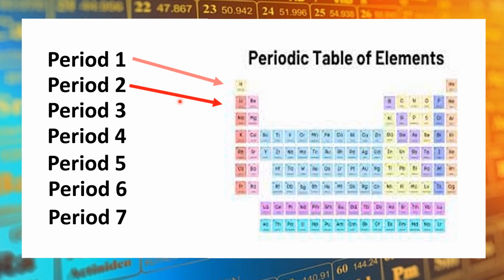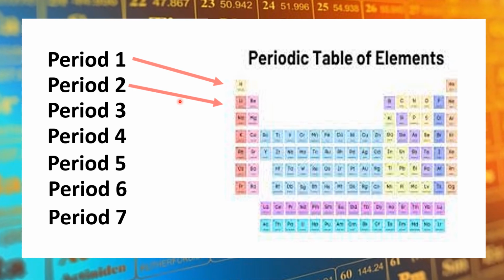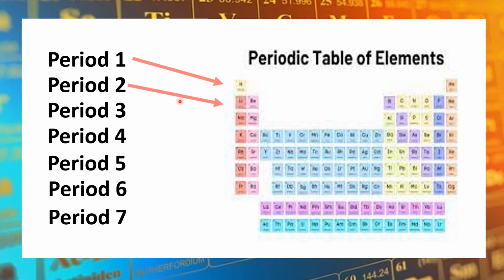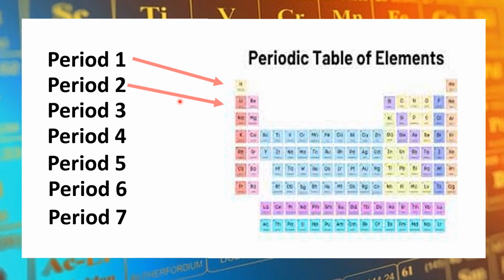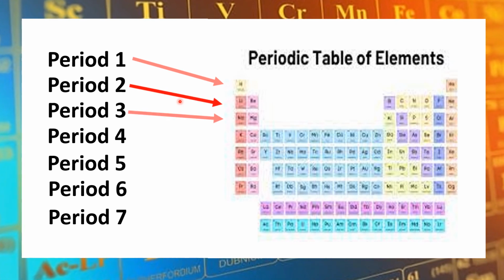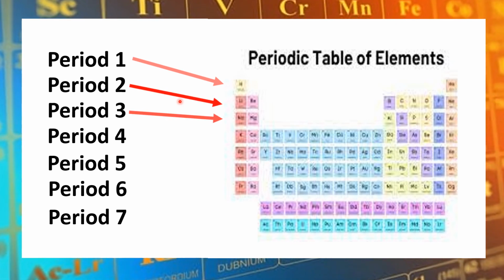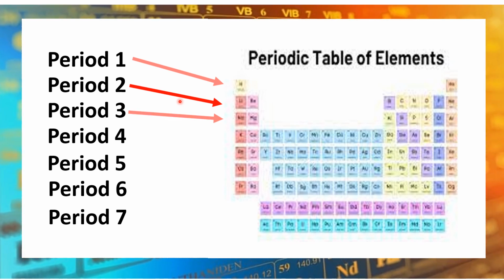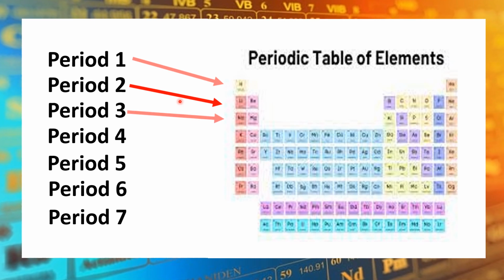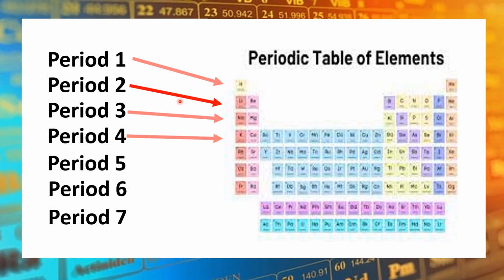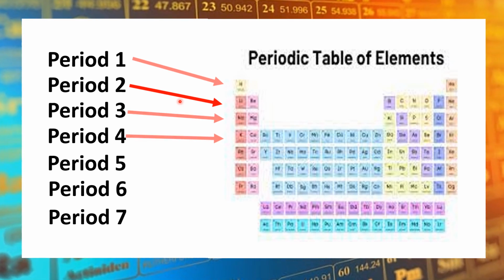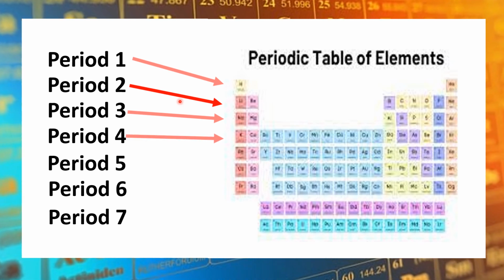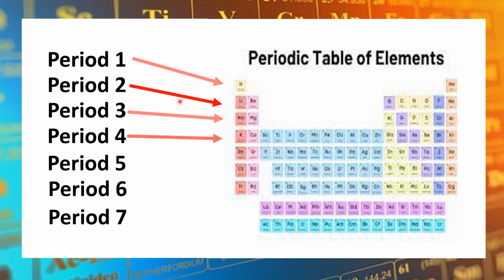Period 2, starting with lithium, and far right is neon. Period 3, starting with sodium up to the noble gas argon. Period 4, with potassium as the first element and the noble gas krypton as the last element.